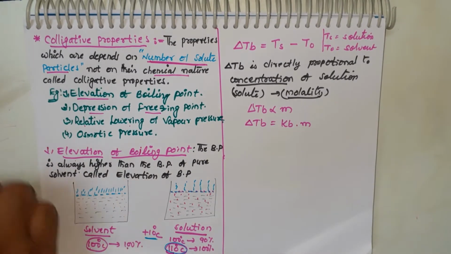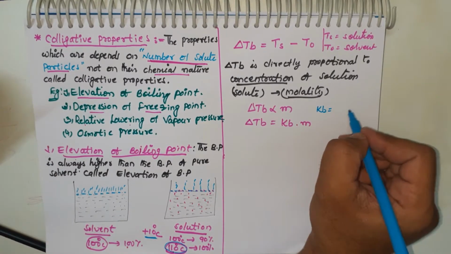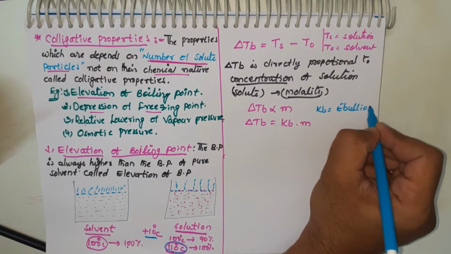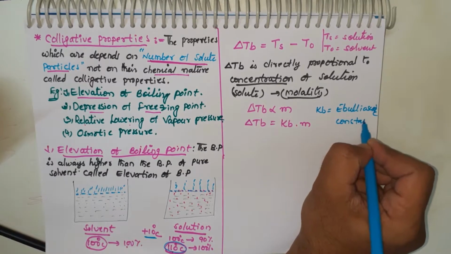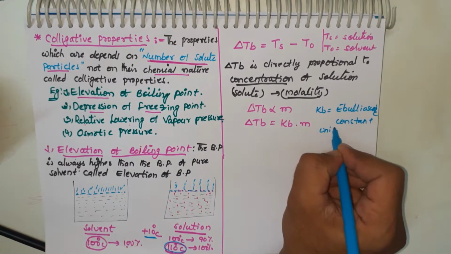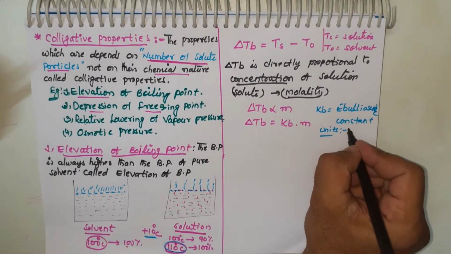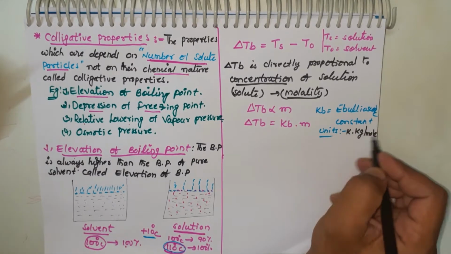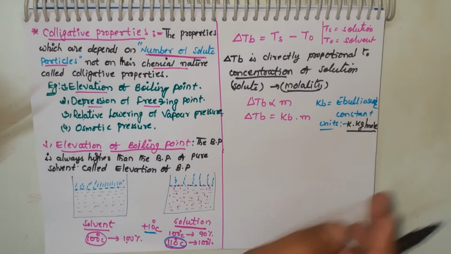Here Kb is the ebullioscopic constant. Its units are Kelvin kg per mole. Very important for exams, please remember.